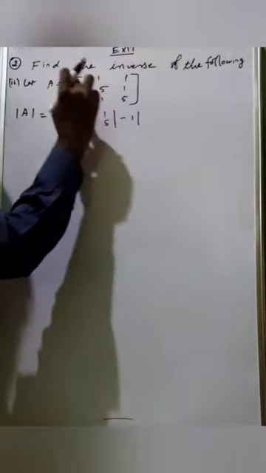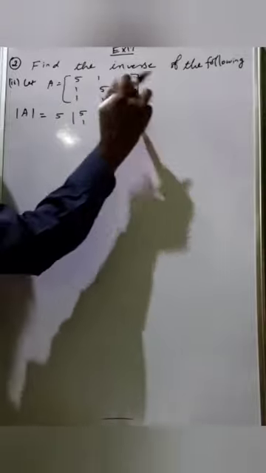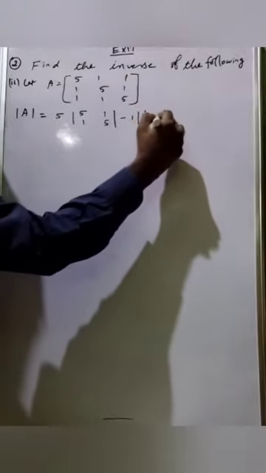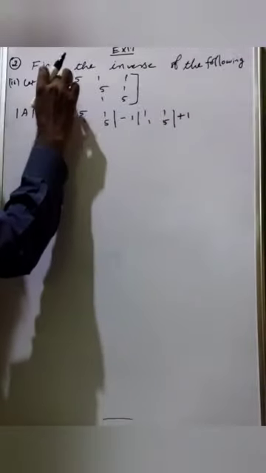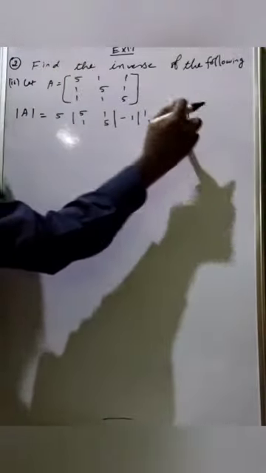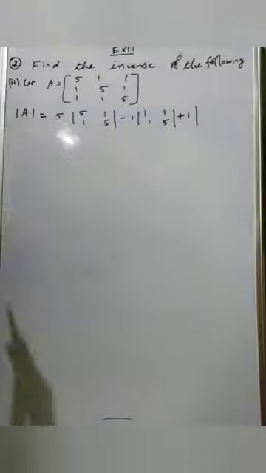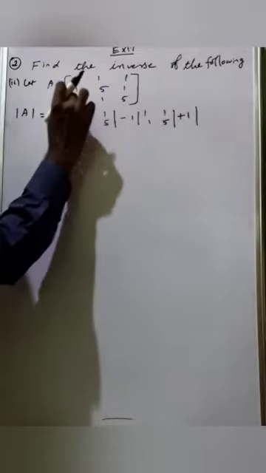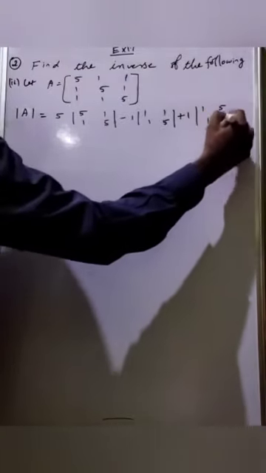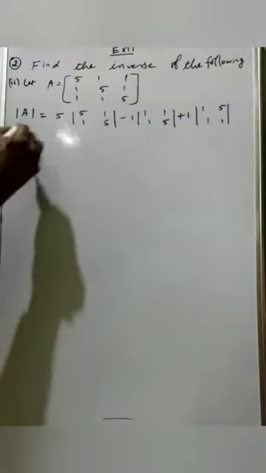So leave it, the remaining is 1, 1, 1, 5. Then plus 1, so plus, minus, plus alternately. Then this element lies in the first row, third column, so the remaining is 1, 5, 1, 1.